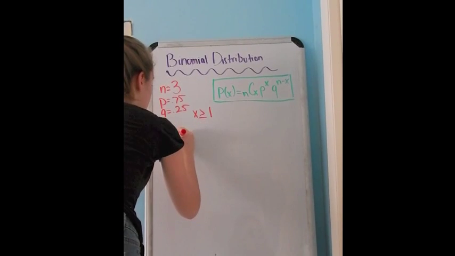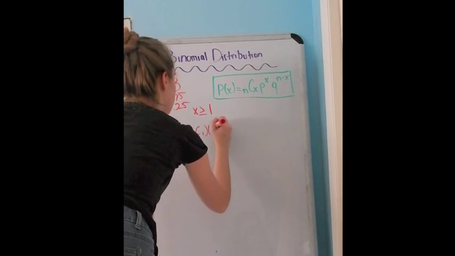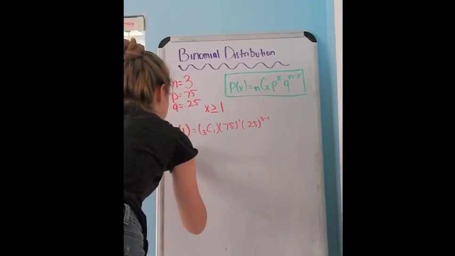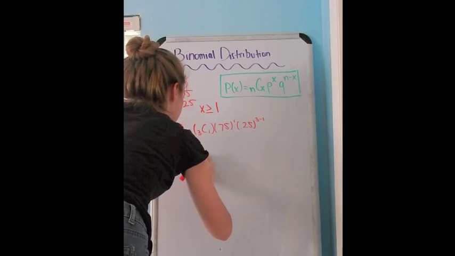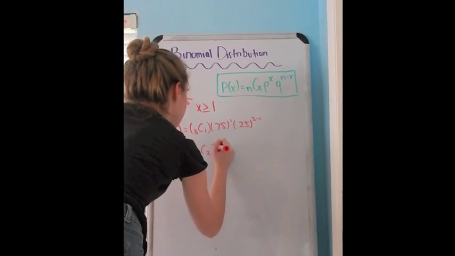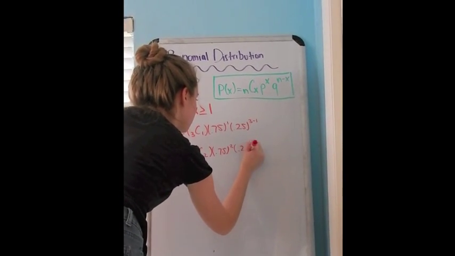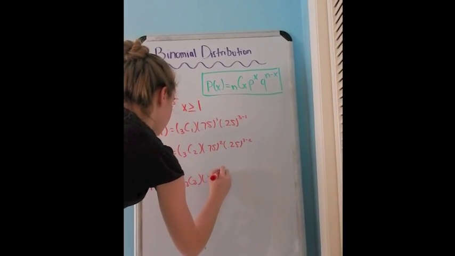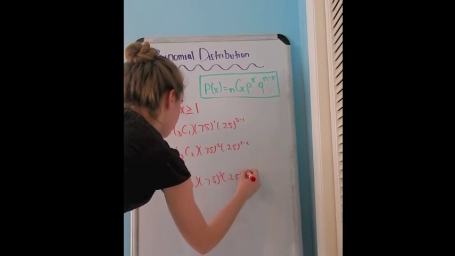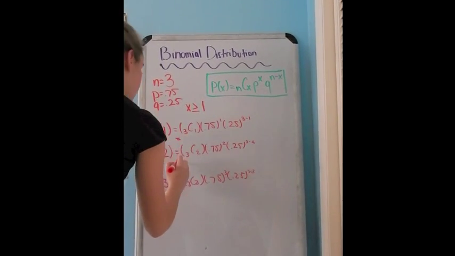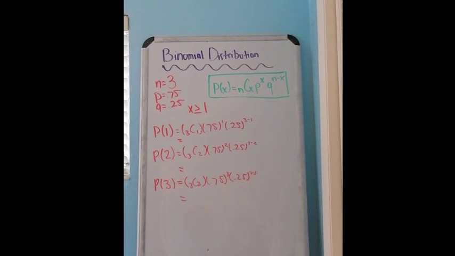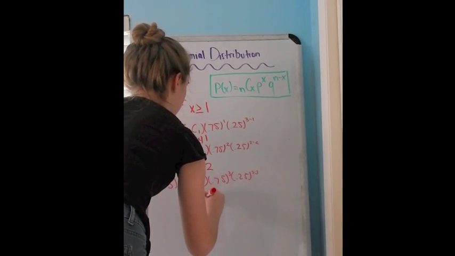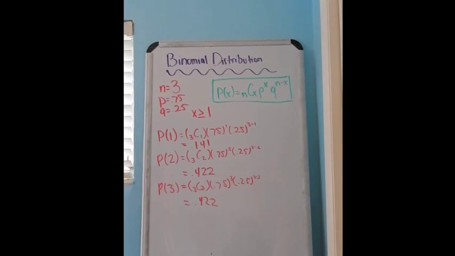If the question had asked what the probability of one or more students passing on the first try would be, we would have to add together the individual probabilities of 1 student, 2 students, and 3 students passing. So for 1 student passing, it's 3 combination 1 times 0.75 to the first power times 0.25 to the second power, added to the 2 students passing, which is 3 combination 2 times 0.75 to the second power times 0.25 to the first power, added to the 3 students passing, which is 3 combination 3 times 0.75 to the third power times 0.25 to the 0 power.